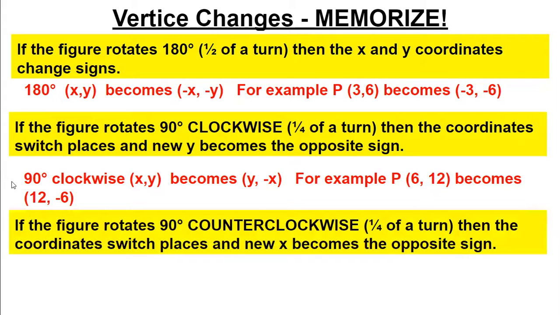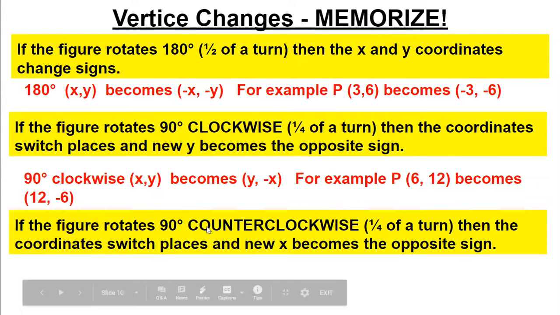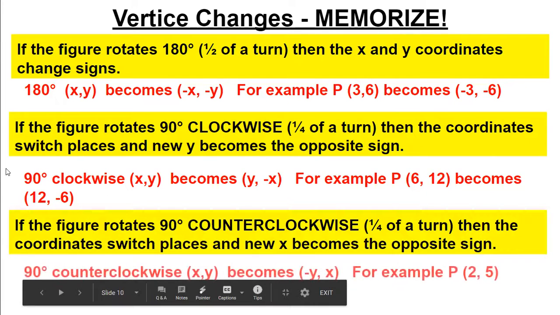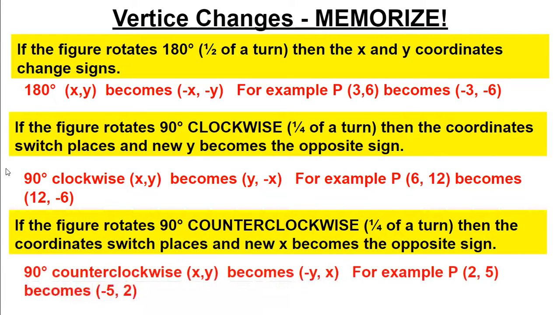If the figure rotates 90 degrees counterclockwise, that's a fourth of a turn up, right? Then the coordinates switch places and new X becomes the opposite sign. So with a clockwise turn of 90 degrees, new Y becomes the opposite sign. With a counterclockwise 90 degrees, new X becomes the opposite sign. So here you have a 90 degrees clockwise.